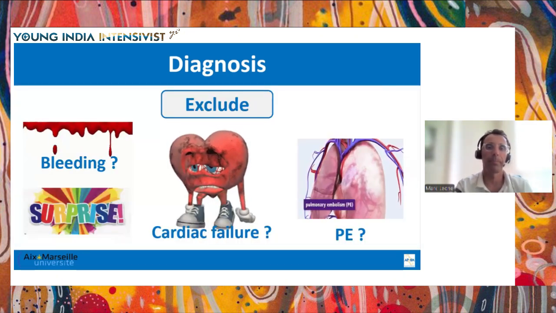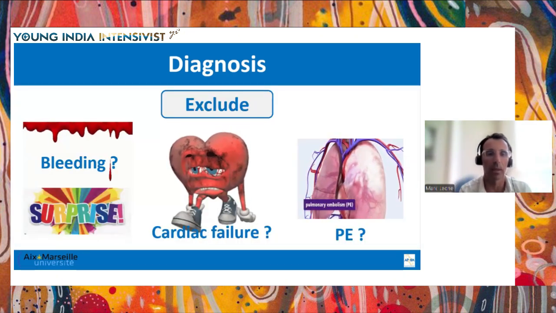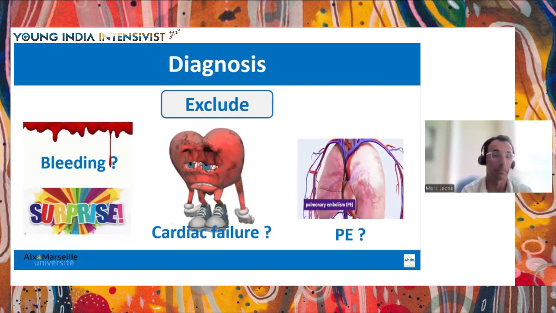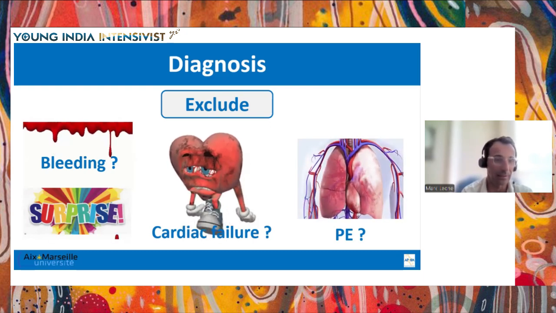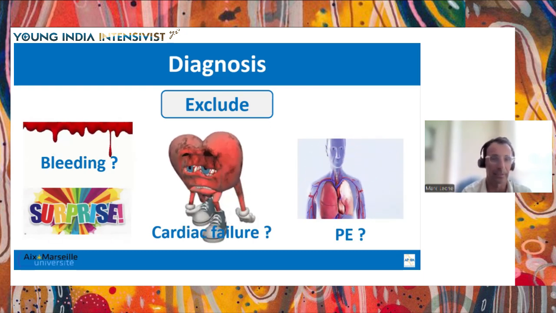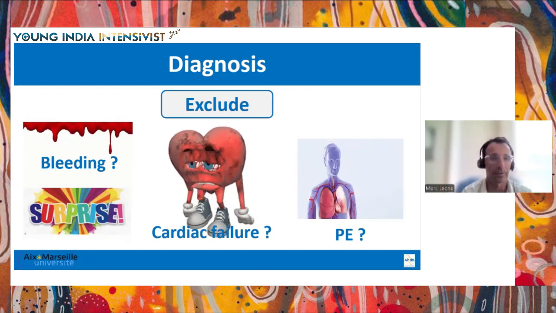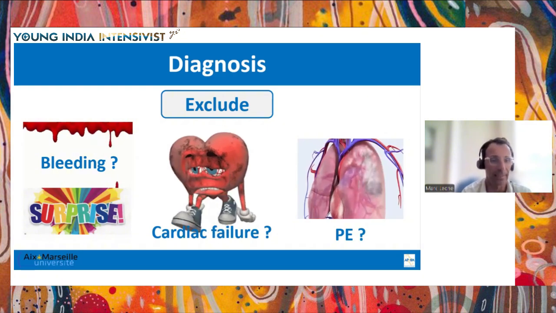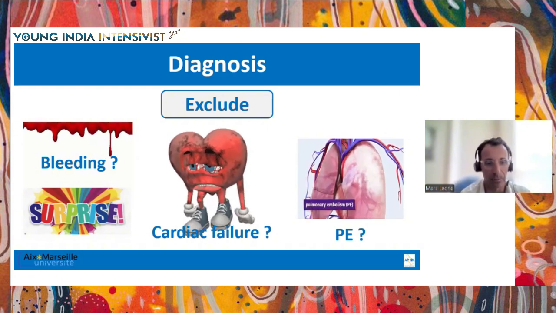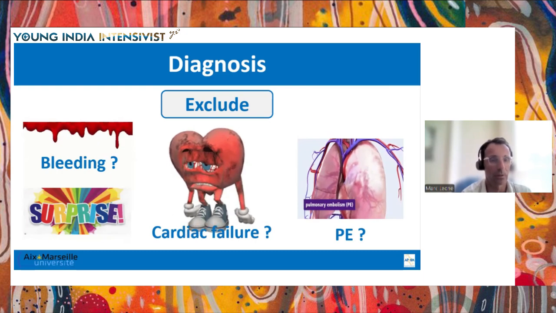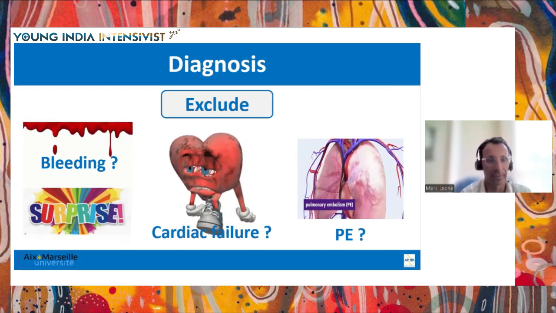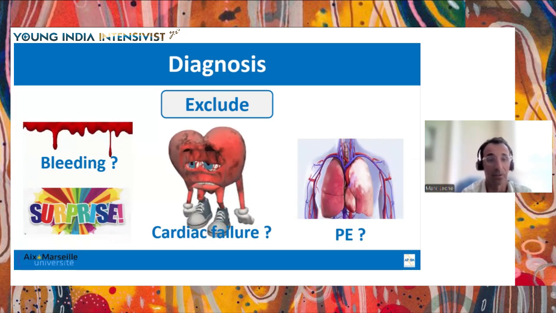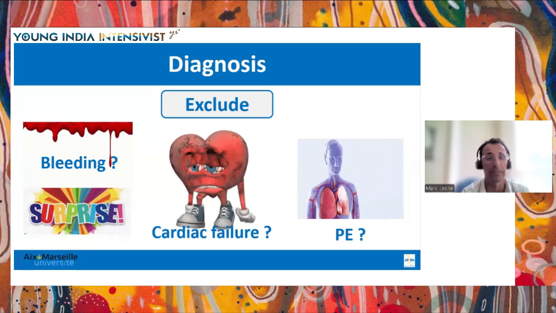And being unicist, you are going to exclude differential diagnoses like bleeding, and in these patients, sometimes hypotension may reflect only bleeding, severe or less severe bleeding, but hypotension, which is a symptom of sepsis, can also be a sign of bleeding. So be very careful with that.